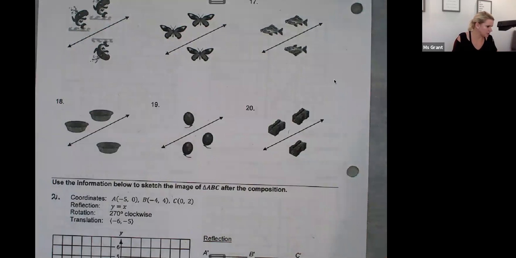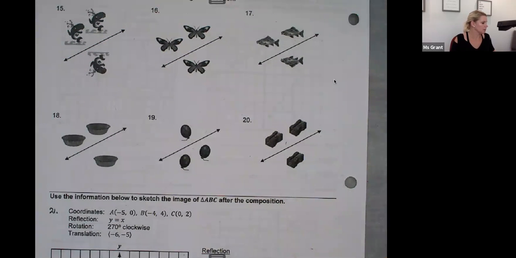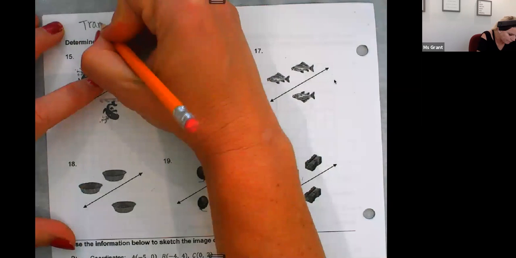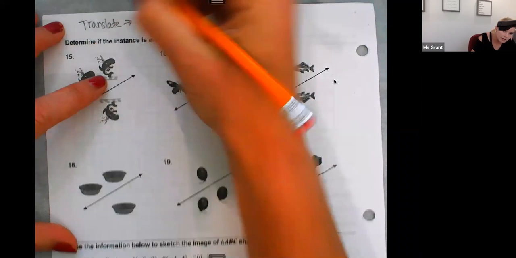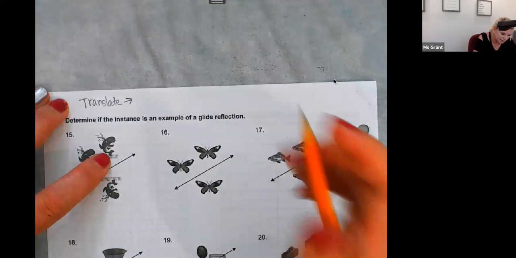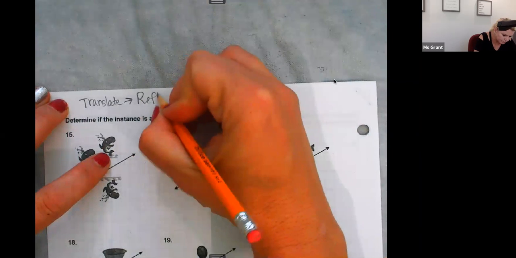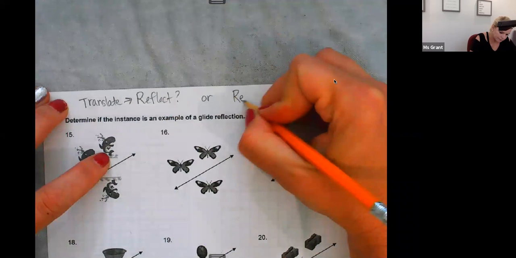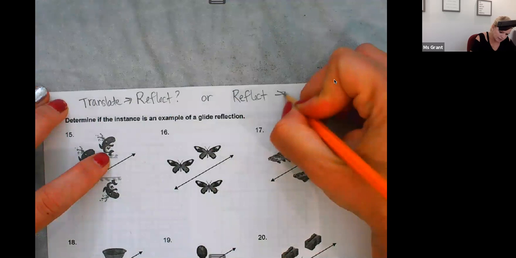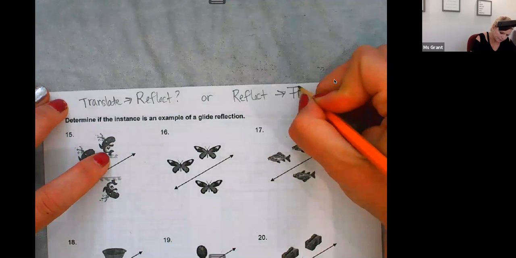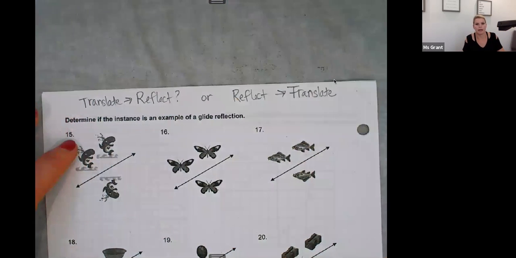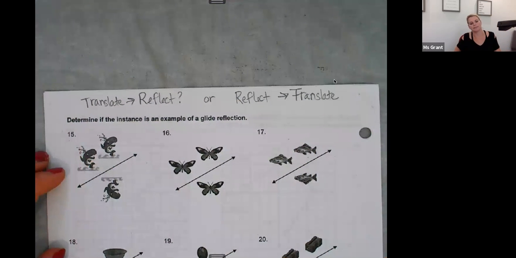Remember, a glide reflection means, did I translate and then reflect? Sorry, you can't see it. Did I translate and then reflect? Or did I reflect, then translate? Capital T. So you have to look at that line and decide, is it possible for me to do that?